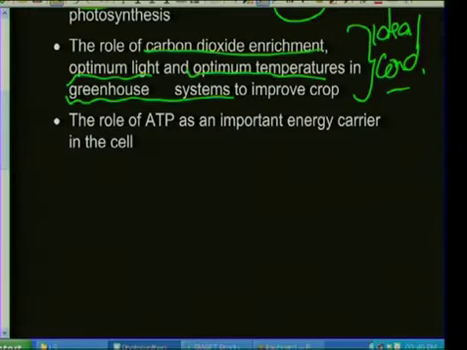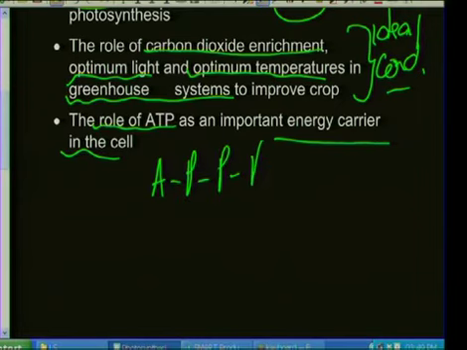Lastly, we also want to look at the role of ATP as an important energy carrier in the cell. Remember, ATP means A with P, P, and another P. This last P, the third P: adenosine triphosphate, ATP. Fortunately for you guys, you don't even have to say adenosine triphosphate. You just say ATP is good enough.